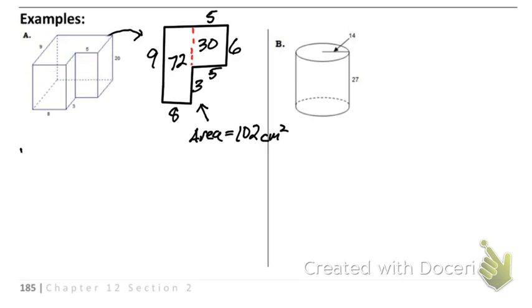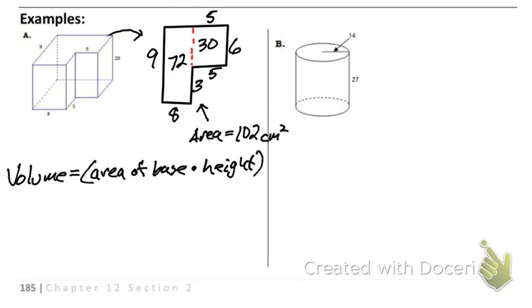So once again, our volume is going to equal the area of the base times the height. Well, we now have the area of the base as being 102, so we'll fill that in. 102 times our height of 20 is going to equal 2,040 centimeters cubed.